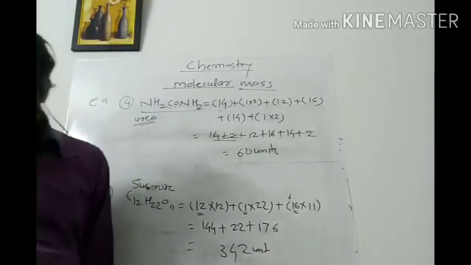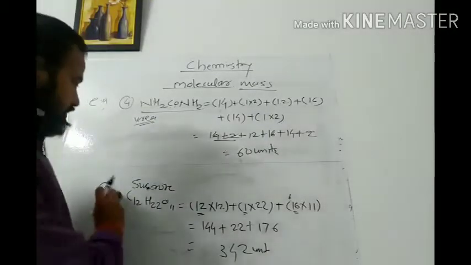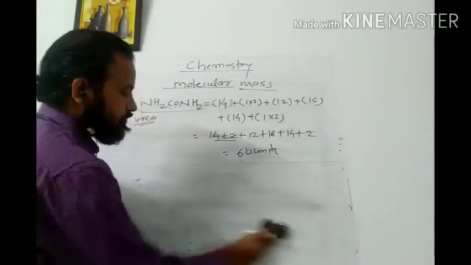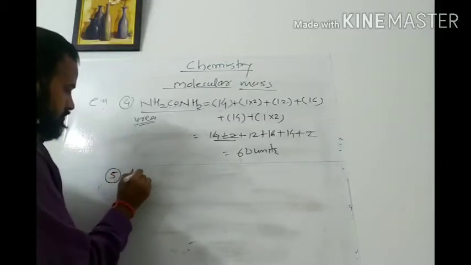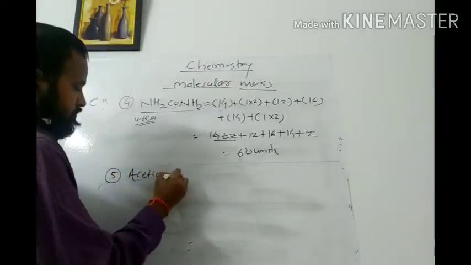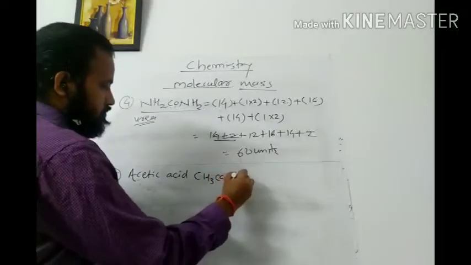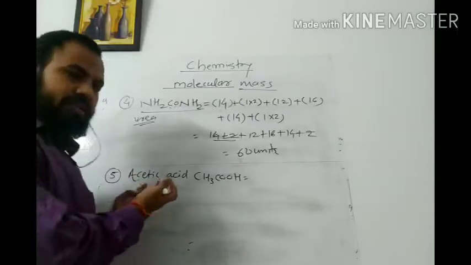Now after this we will see the last example, that is acetic acid, CH3COOH. The common name is vinegar, isn't it?